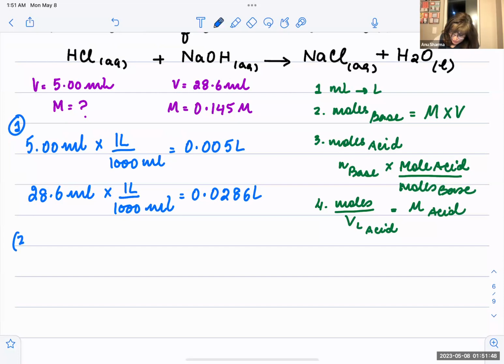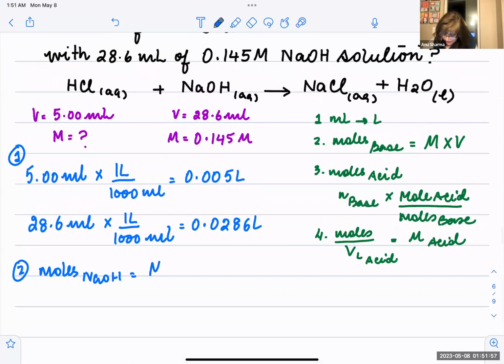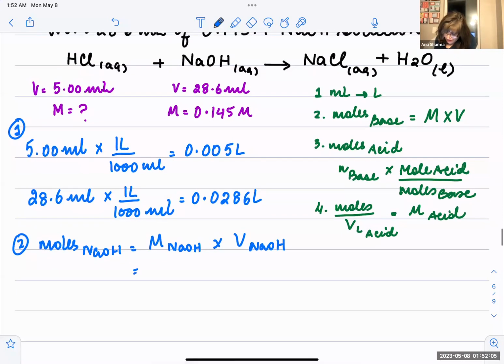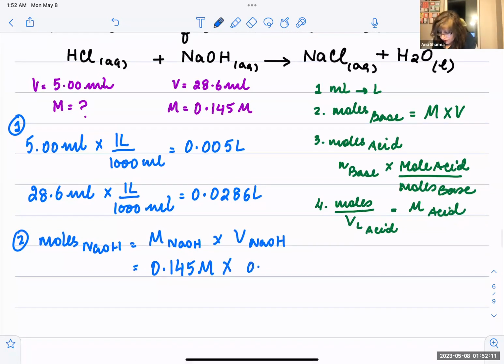Next is moles of the base, so moles of NaOH. How do you find them? You take the molarity of NaOH times the volume of NaOH. So here the molarity is 0.145 M times the volume, which is 0.0286 liters.